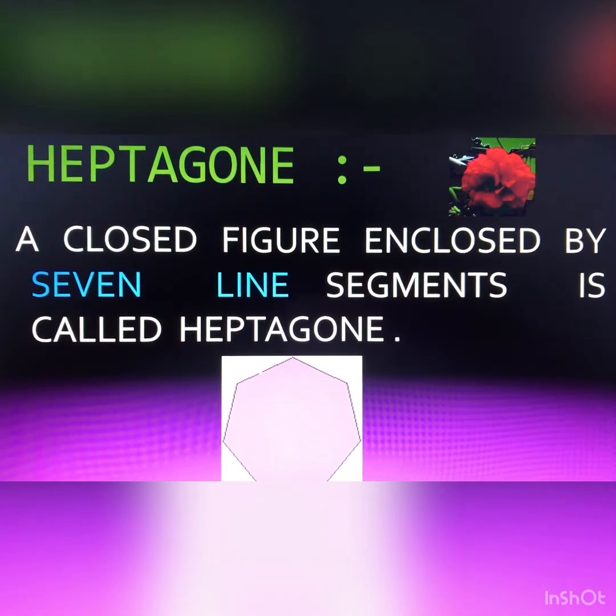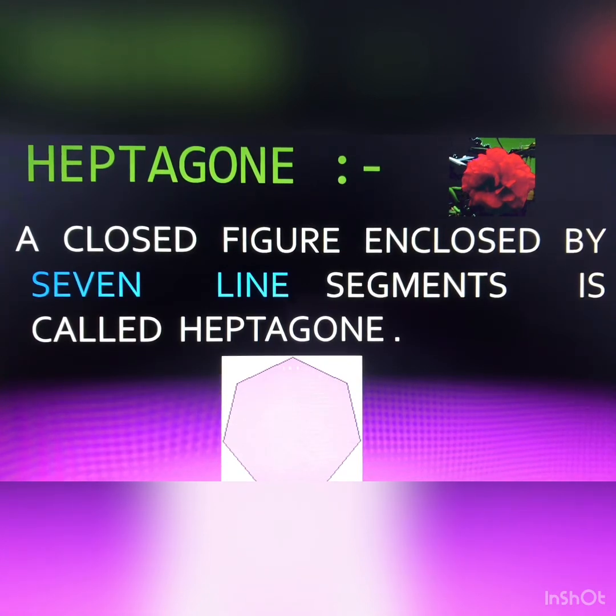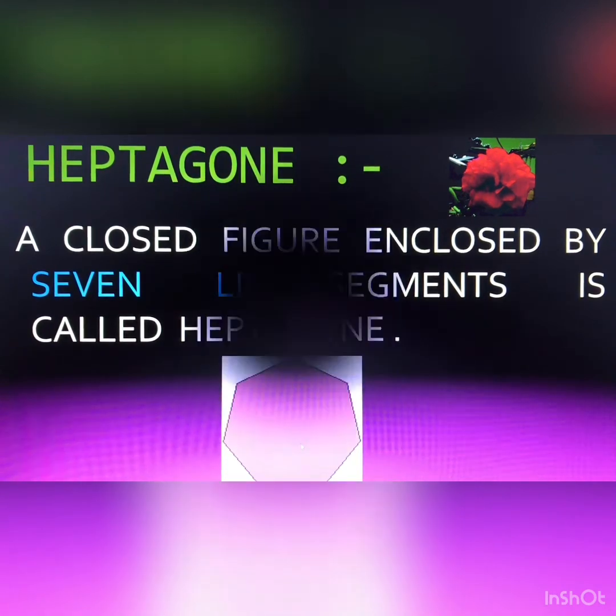You can see that 1 2 3 4 5 6 7. This geometrical shape is enclosed by 7 line segments, and all the sides are equal, therefore this is a regular heptagon.